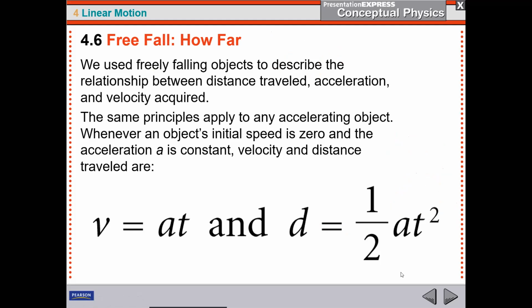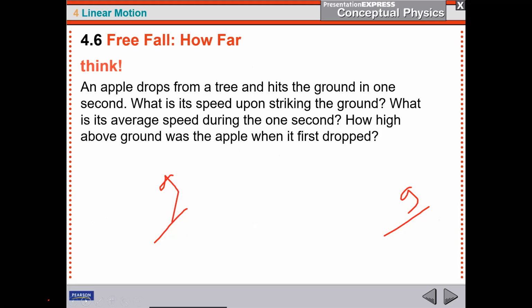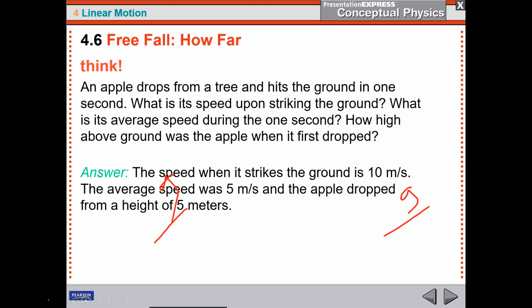If I'm talking about a car starting from rest, you will say the velocity is a t and the distance is half a t squared. But if I have a freely falling object, this a will be g. So the velocity will now be g t, and the distance will be half g t squared.